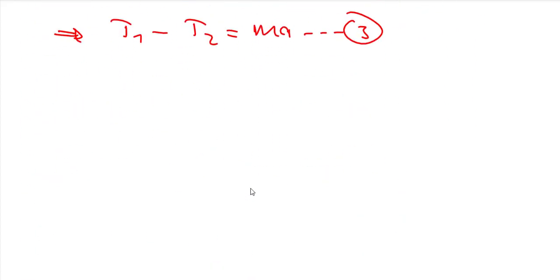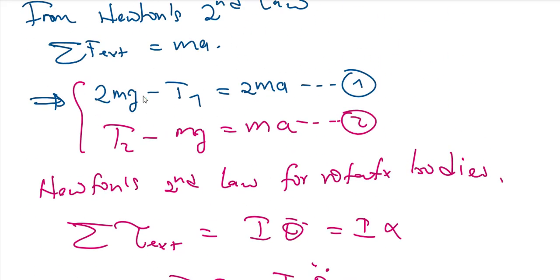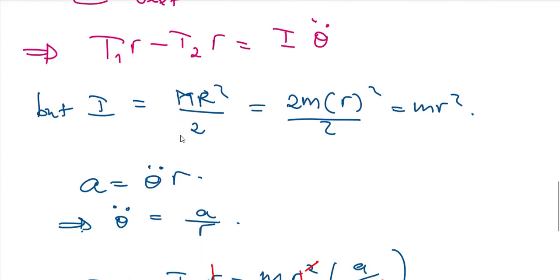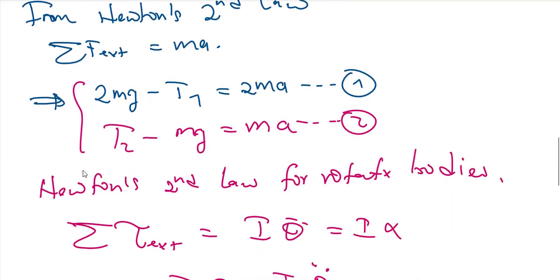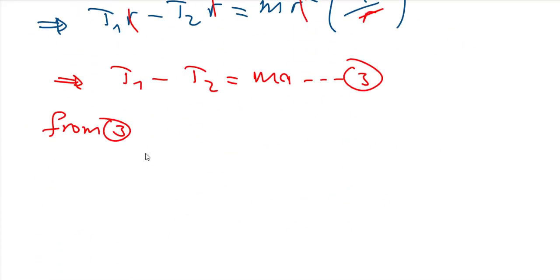So from equation 3, I'm going to make T2 the subject. This means T2 will be equal to T1 minus ma.